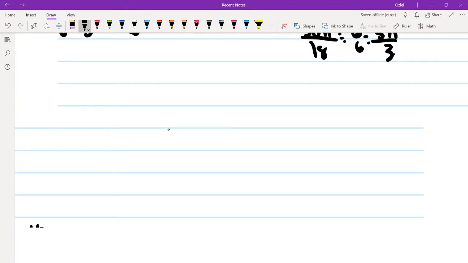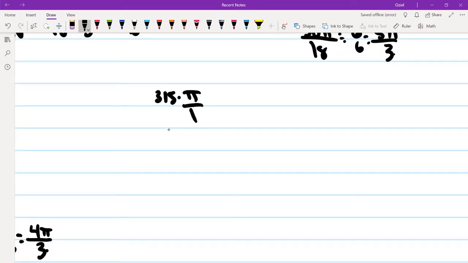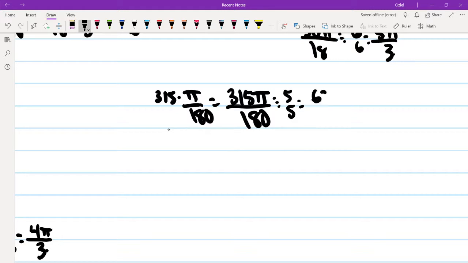And 315 degrees in terms of radians, let's see, 315 divided by 5 would be 63 pi, and 180 divided by 5 would be 36, and then you would divide by 9, we get 7 pi over 4.